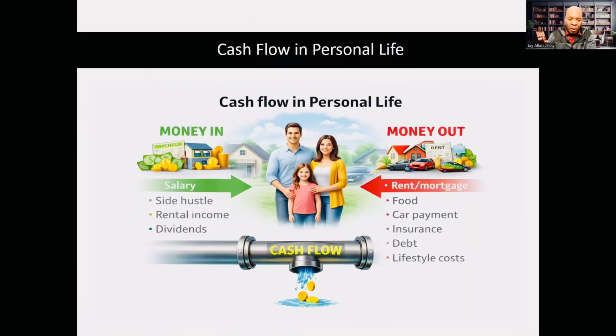When we are talking about cash flow with regard to personal finance, it's like this. For a family, money coming in means salary, business income, side hustles or rental income, and some people earn dividends. Money coming out means rent or mortgage, food, car payment, insurance, debts, lifestyle costs. For example, let's say in a month you earn $6,000 and you spend $4,500.